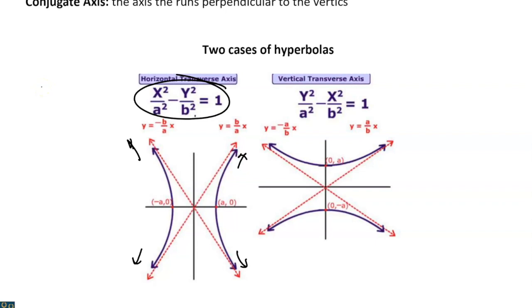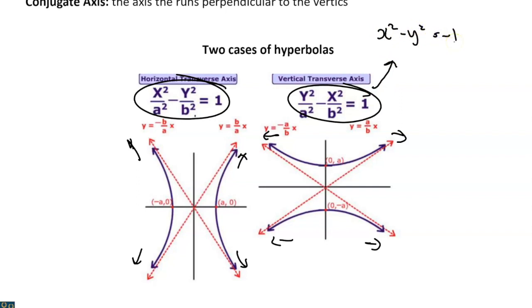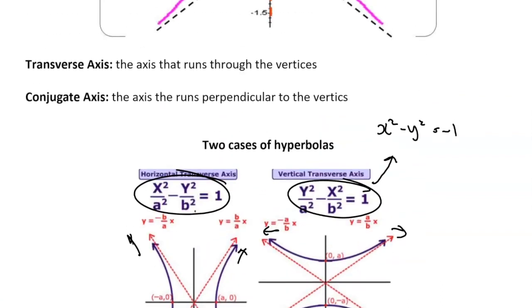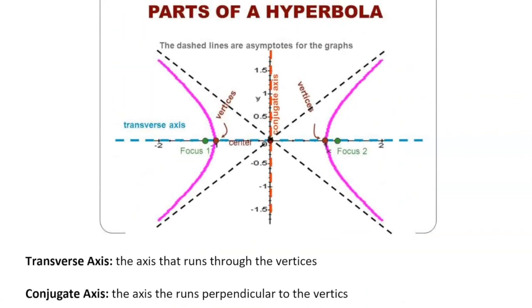That's going to be different from when you have a hyperbola that is going to go left and right forever. And if you have something like that, that would take on the form of y squared minus x squared equals 1. Now, if you wanted to, you could potentially say x squared minus y squared equals -1. We won't in this class, and we won't in Michelson, but just know that that would be an equivalent form of that as well.